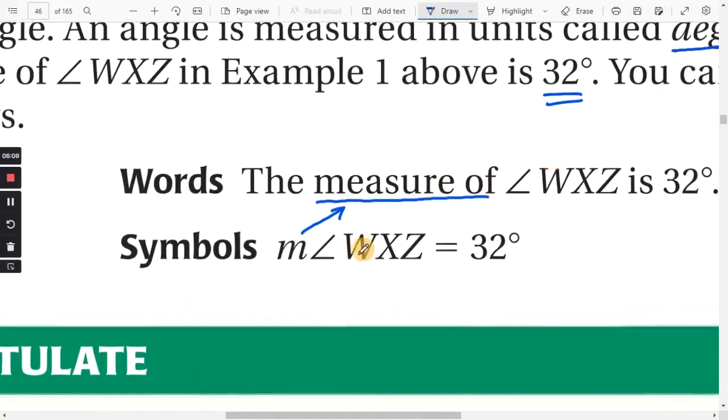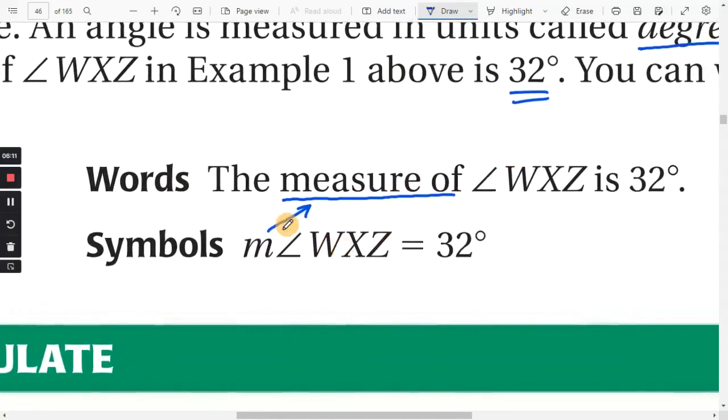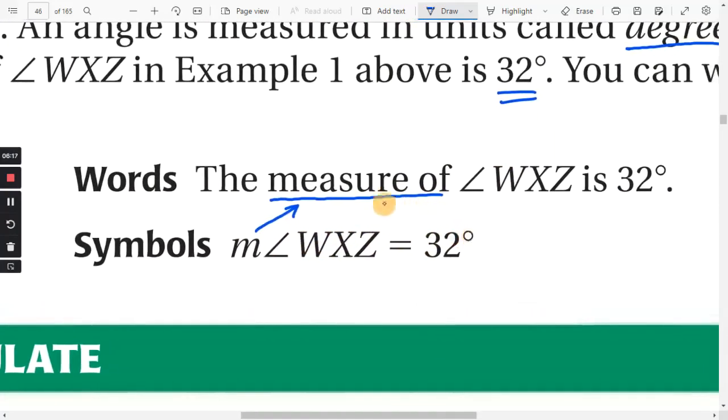So you write the letter M and then the angle symbol, then you name the angle and you set it equal to how many degrees. So if you wanted to write the measure of angle WXZ is 32 degrees, this is how you would write it in mathematical terms. So the M stands for measure of.